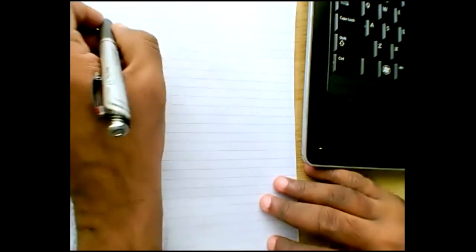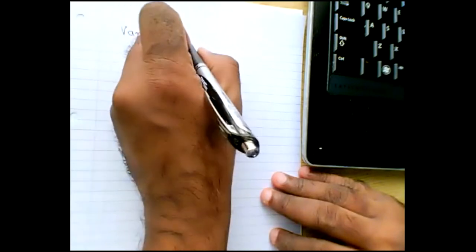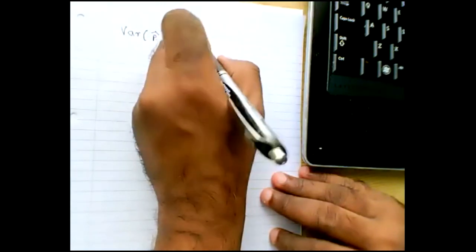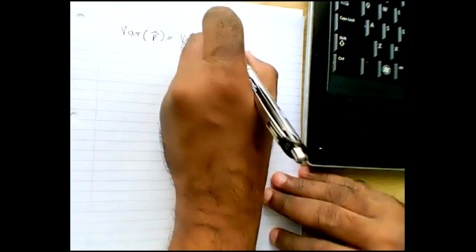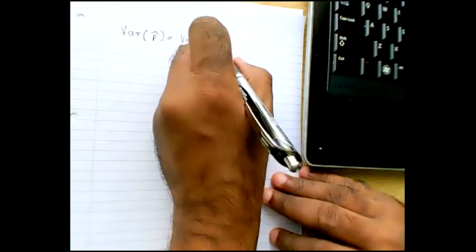Okay, now part two of question 10 is to find the variance of P hat, right, which is the variance of x bar plus 1 divided by n plus 2.